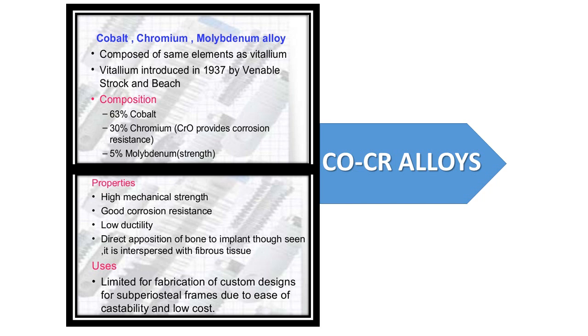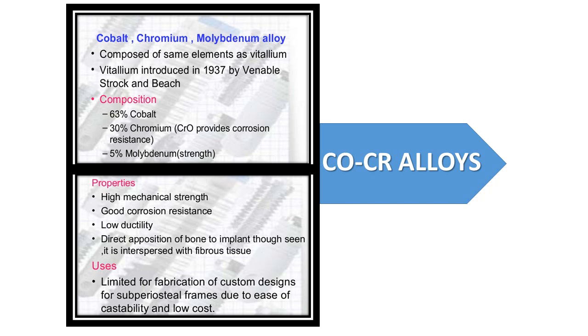Now, the cobalt, chromium, molybdenum alloy, which is commercially also known as Vitalium, is composed of 63% cobalt, 30% chromium, which provides the corrosion resistance, and 5% molybdenum, which contributes to the strength. As for properties, it has very good mechanical strength and hardness, and good corrosion resistance due to chromium.